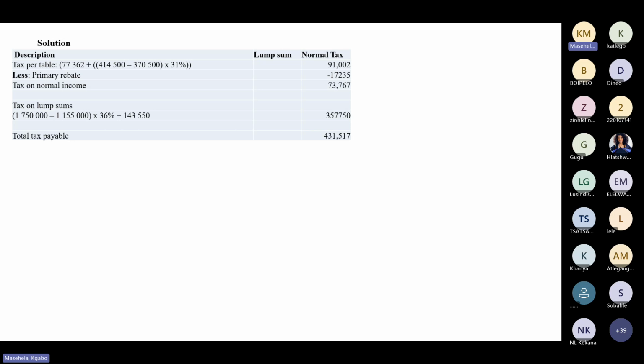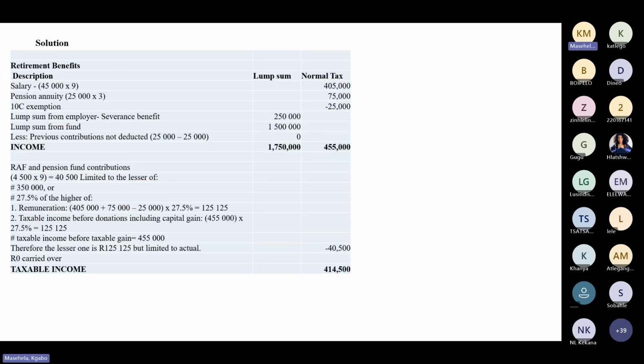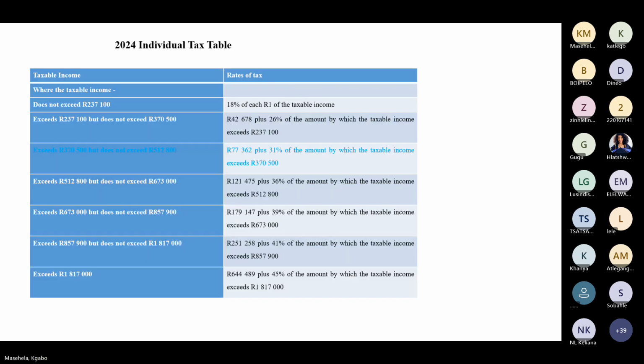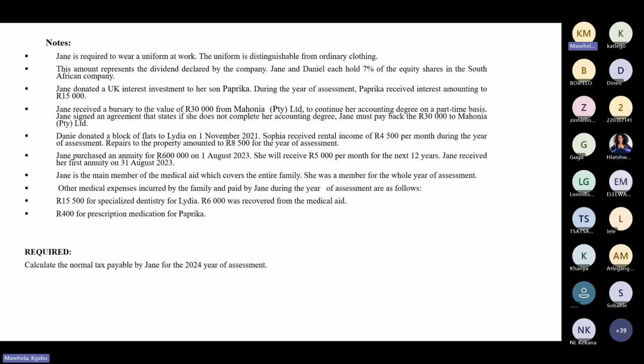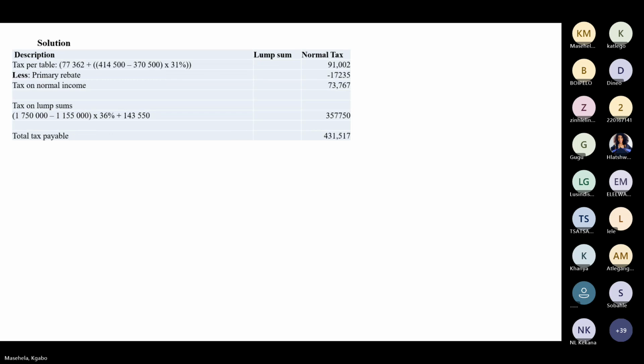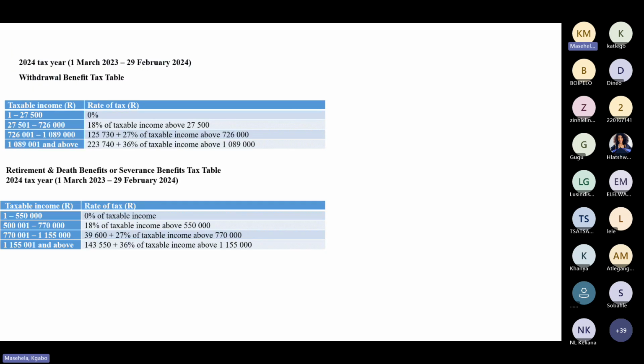1,750,000 is 1,750,000 minus 115 times 36. Look at this. Guys, just a minute. Look at this lump sum amount. It's 1,750,000.